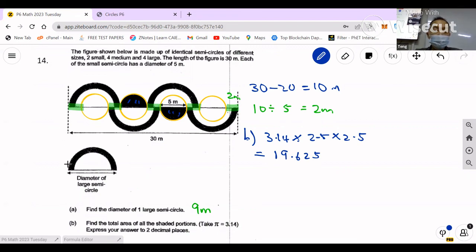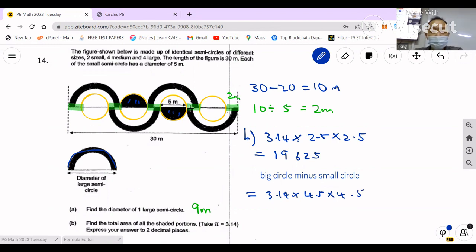This is the outer circle, and the outer circle has a radius of 4.5. How do I know? Because the diameter is 9. So the big circle area is 3.14 times 4.5 times 4.5.